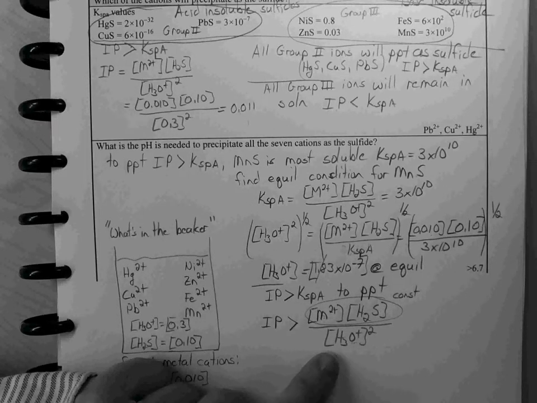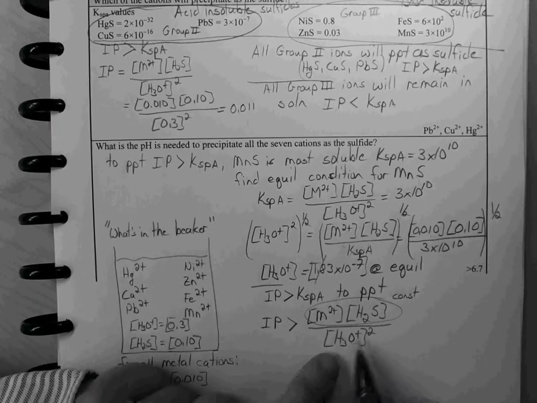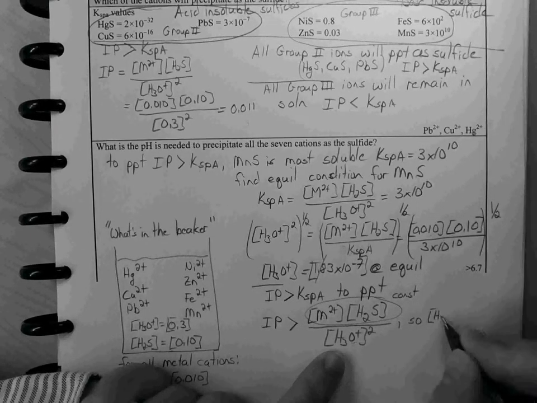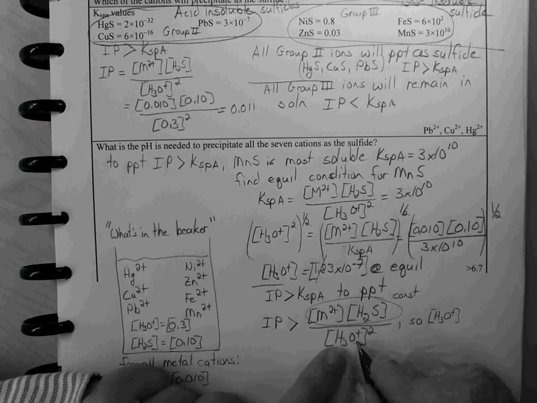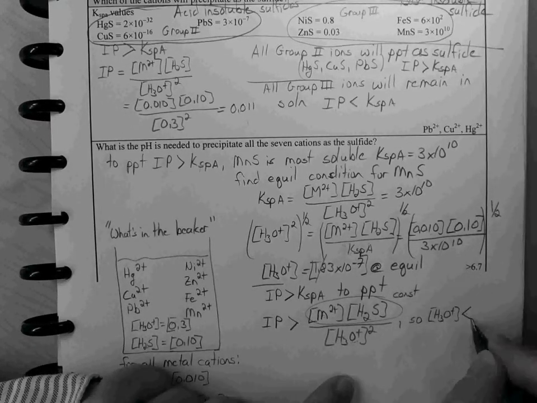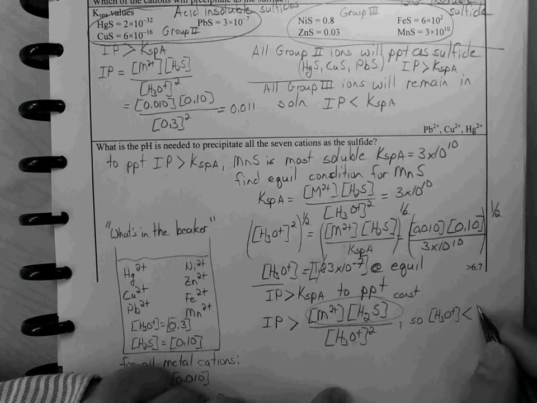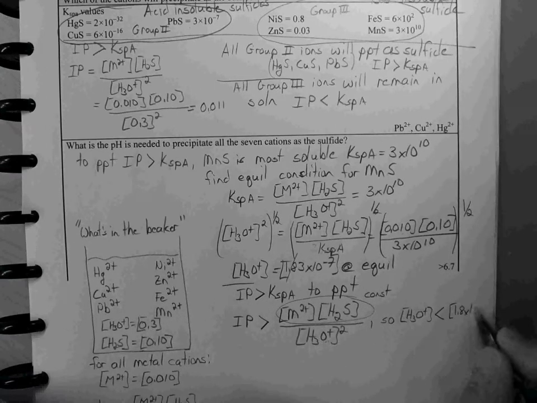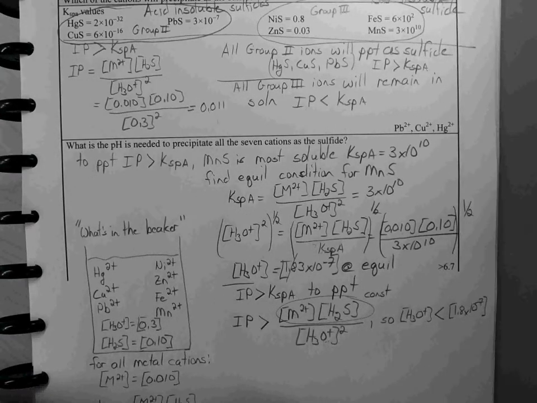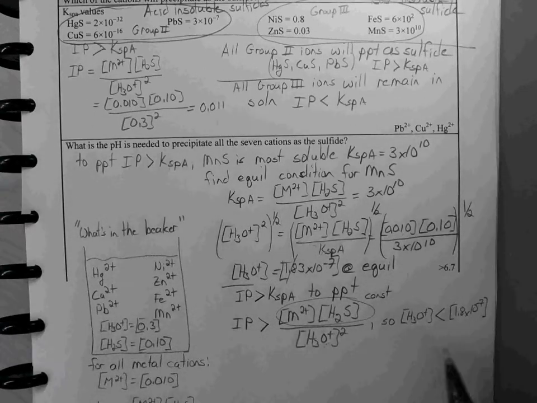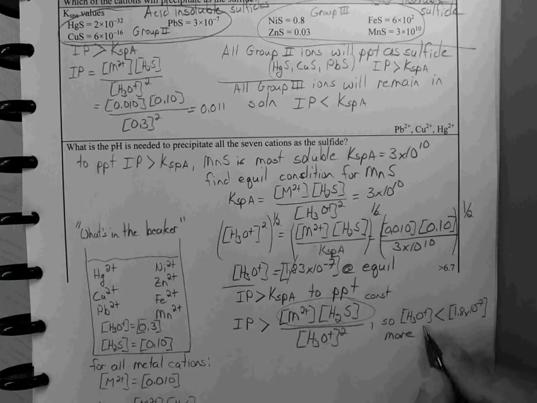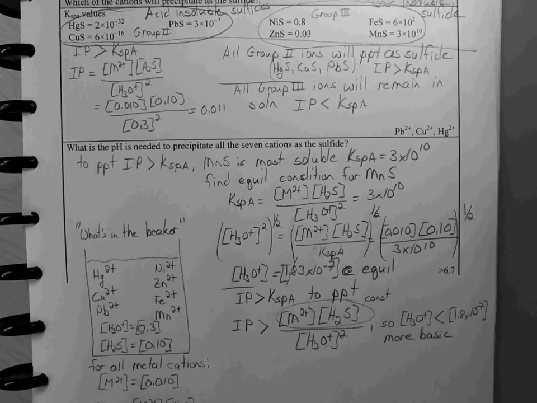Alright, so in order for IP to be greater, the H3O+ ion concentration, since it's in the denominator, has to be smaller than 1.8 times 10 to the minus 7. Okay, so it's going to have to be more basic than 1.8 times 10 to the minus 7.